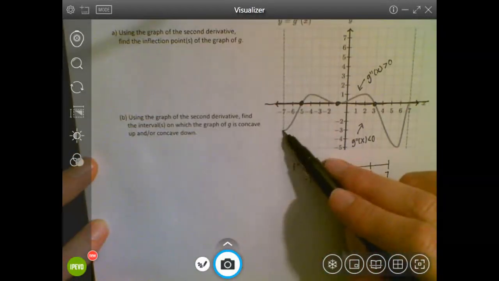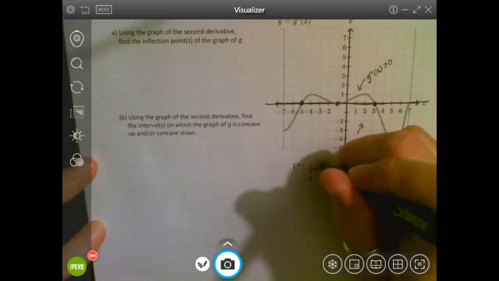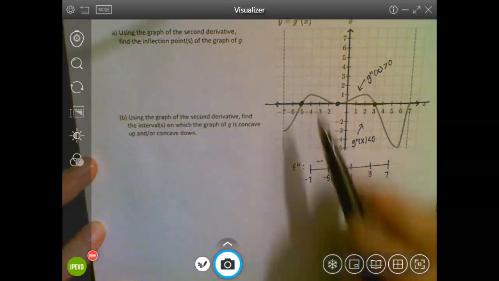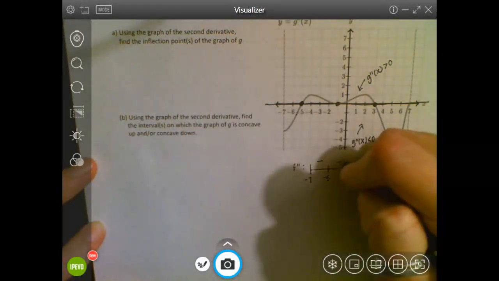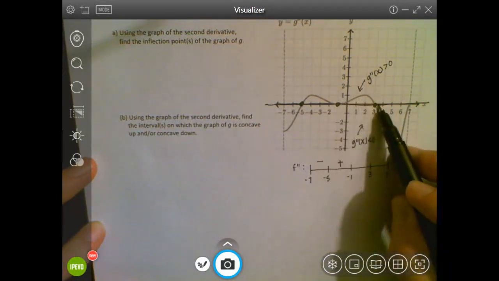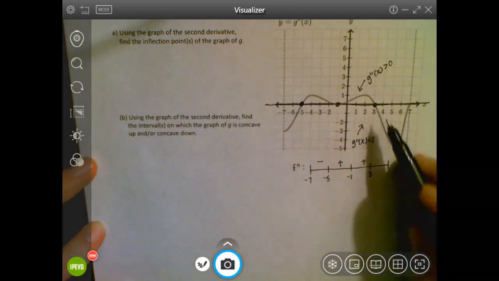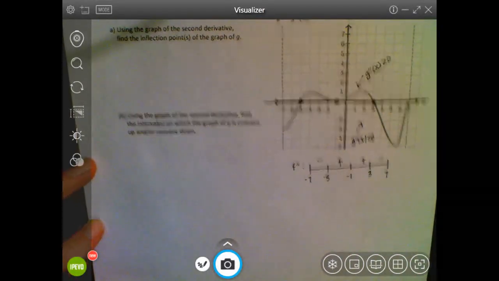From -7 to -5, we're below the x-axis, so our double prime is negative. From -5 to -1, we're above the x-axis. From -1 to +3, we're above the x-axis. And then from 3 to 7, we're below the x-axis.